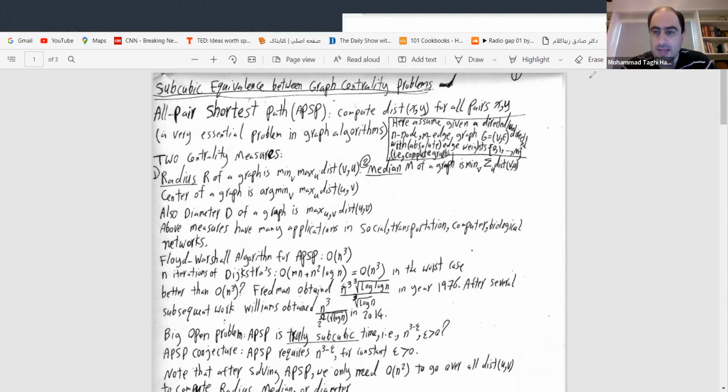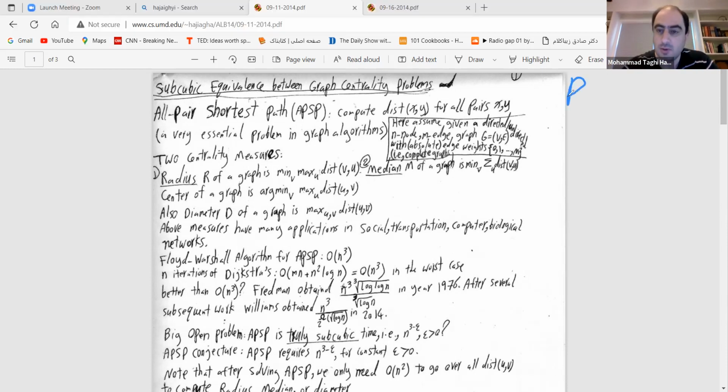So we have this class P, of course. Then in the class P, we have the algorithms whose running time is order N. Order N, in some sense, generally seems the optimum solution, unless you don't want to read the whole input.